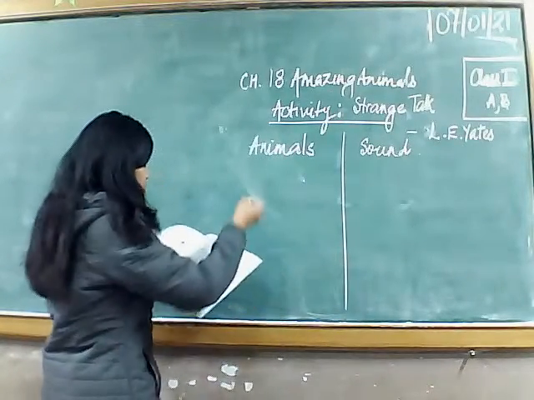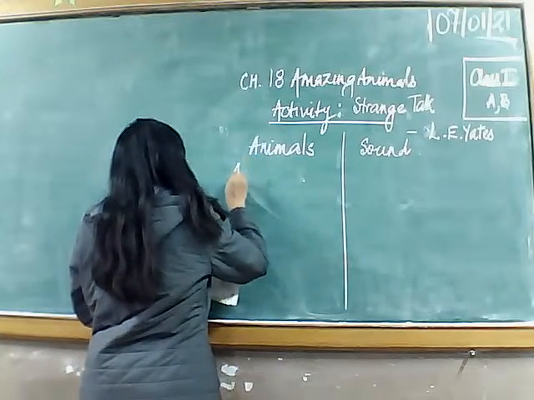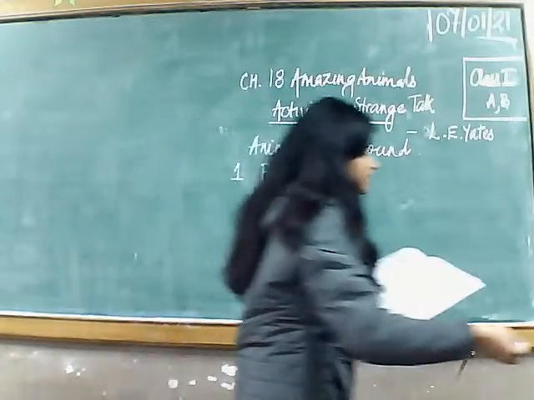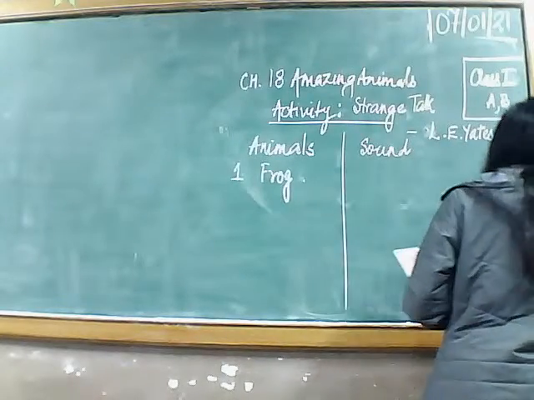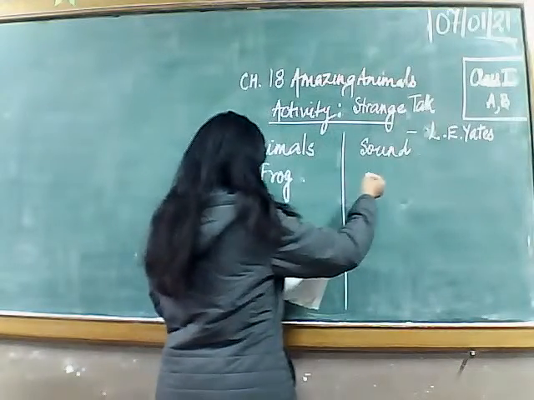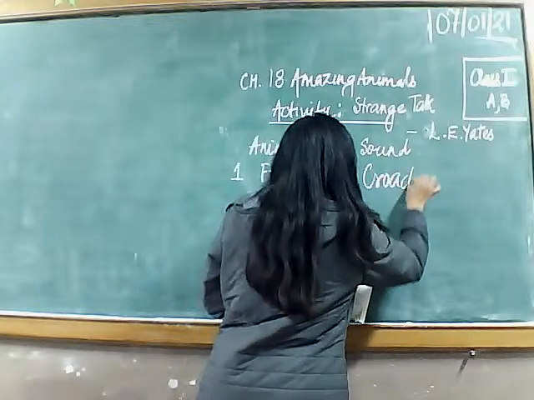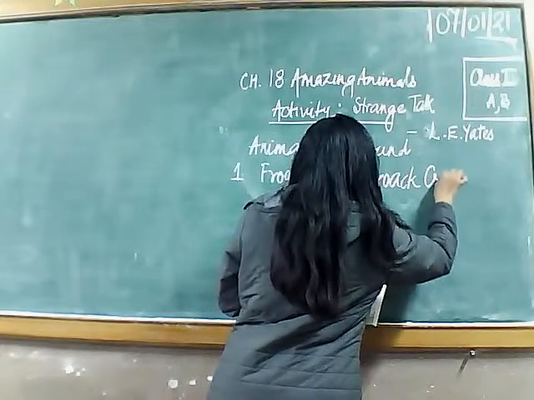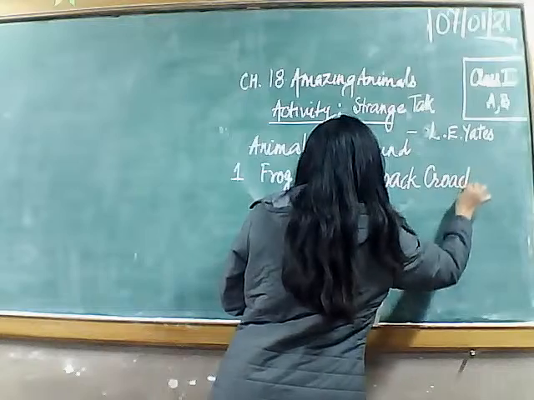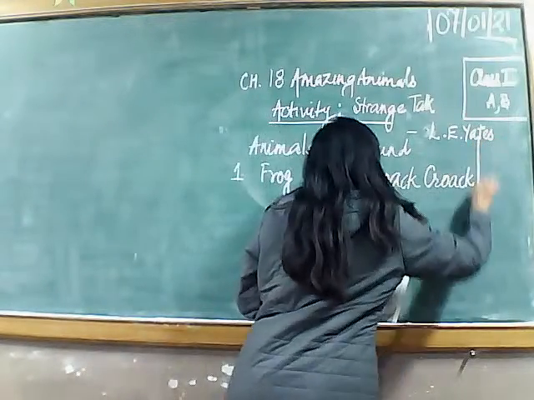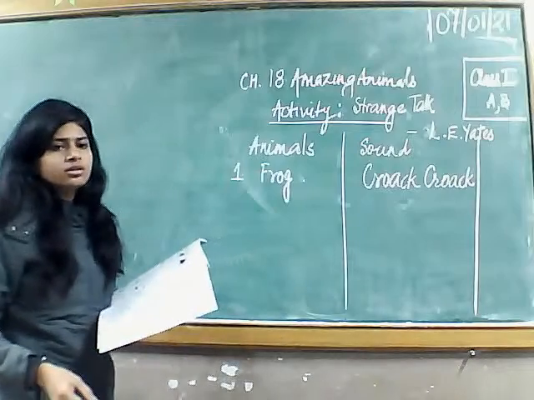Okay, so the first animal is frog, and the sound it makes is, what does he say? It says croak, croak. Okay, children?